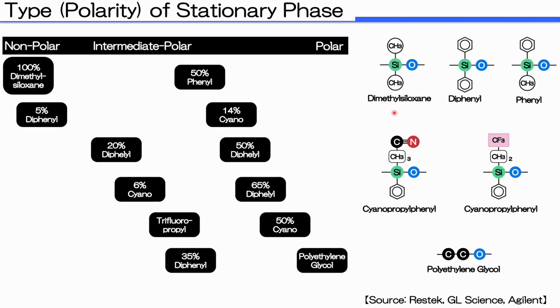Dimethylsiloxane is a typical non-polar functional group, and diphenyl, phenyl, etc. are different types. All these different types of functional groups are added to change and adjust stationary phase polarity. Different types of stationary phase columns are commercialized, and for the VOC measurement, non-polar to intermediate polar columns are often used.